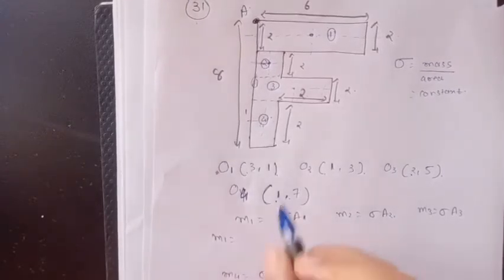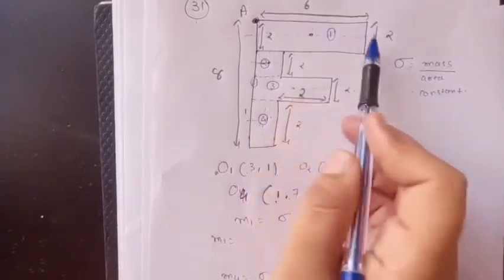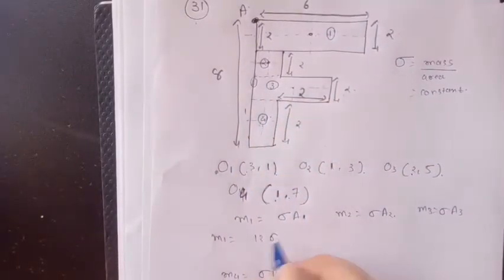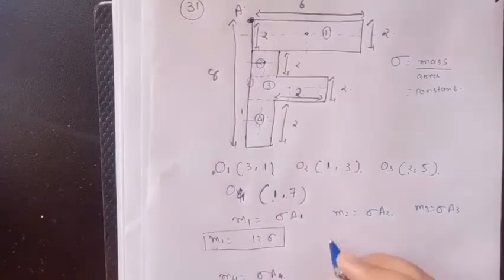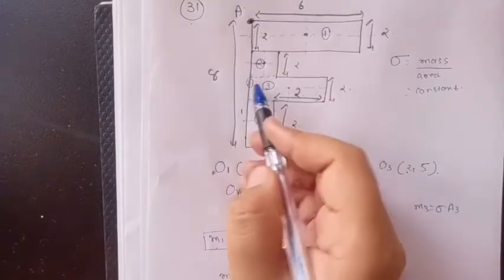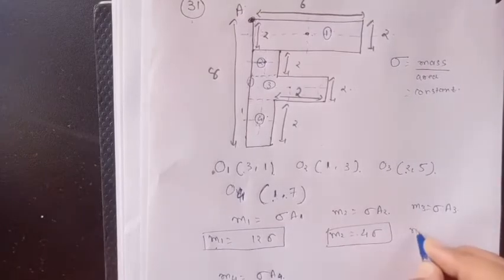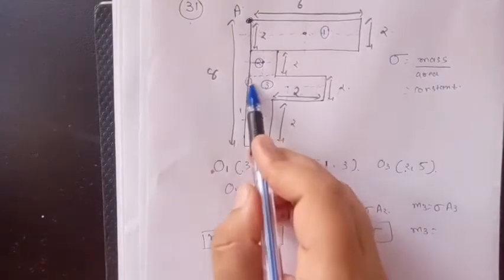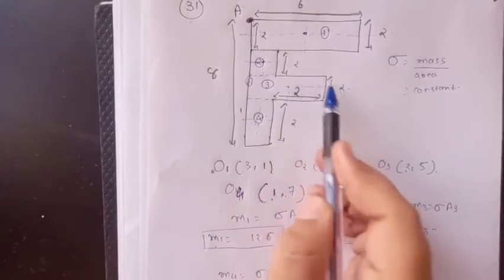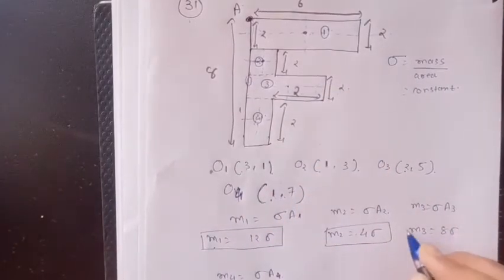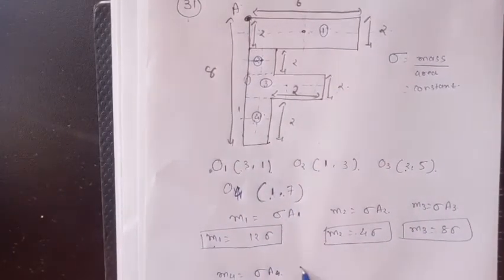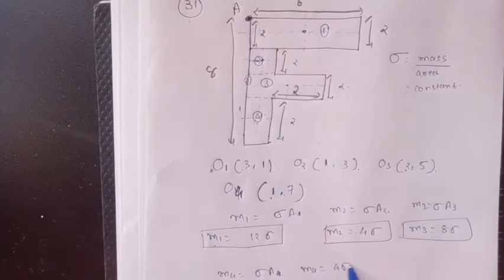So m1 will be, area of this component will be 12, so mass will be 12 sigma. For m2, area will be 4, so mass will be 4 sigma. For this component, area will be 4 into 2, that will be 8 sigma. And again for this component, m4 will be 4 sigma.